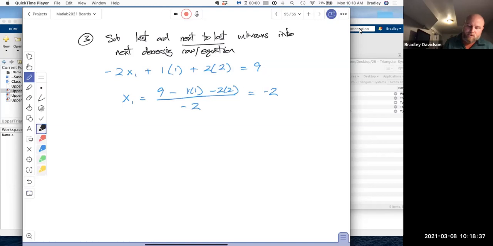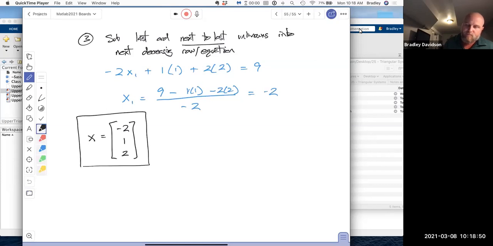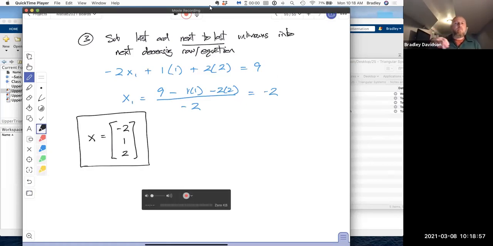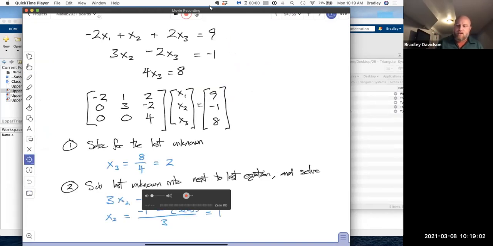So our final solution here is that our X matrix is equal to -2, 1, 2. I hope you're seeing this is a straightforward, simple way to solve this upper triangular matrix. By substituting, we find x3, substitute in to get x2, and substitute both of those into the top equation to get x1.